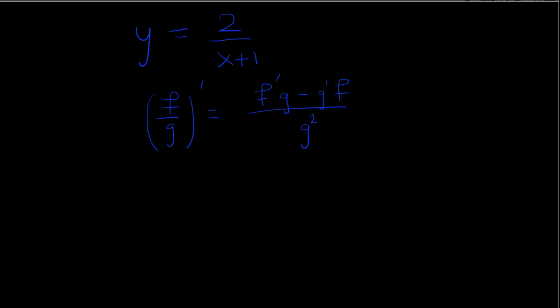So the top part of the fraction, the numerator, is our f, and the bottom is our g. So we're going to say 2 is f, g is x plus 1.